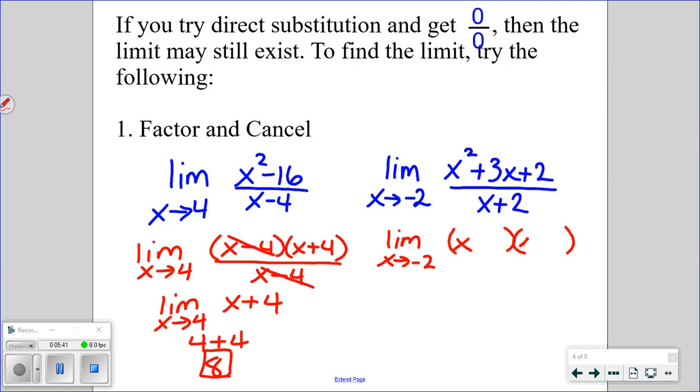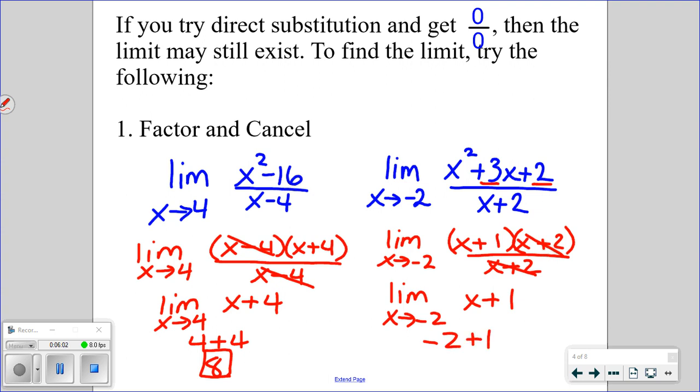We'd be looking for factors of +2 that add to 3. That would be +1 and +2. Then notice x plus 2 over x plus 2 simplifies to equal 1. So we're left with the limit as x approaches -2 of x plus 1. Then we can just do direct substitution, and we get -1 as the answer to the limit.